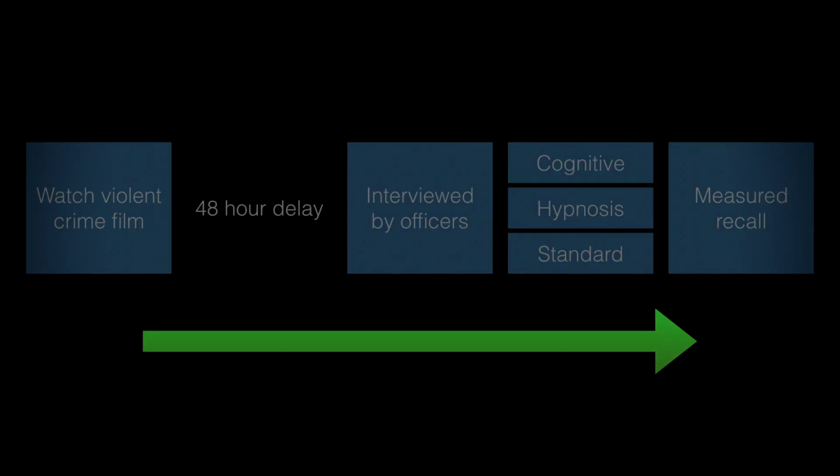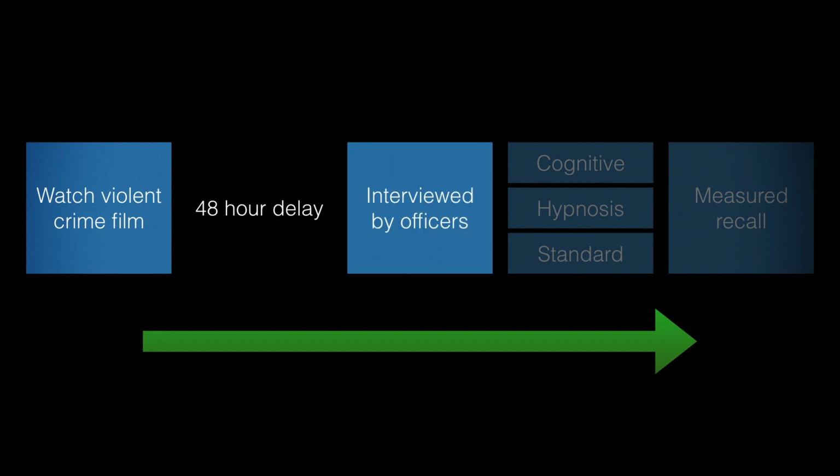In this study, 89 undergraduate student participants watched a violent crime film that was used to train officers from the Los Angeles Police Department. 48 hours later, they were interviewed face-to-face by law enforcement officers recruited from agencies in the United States. These officers used one of three interview techniques: a cognitive interview, hypnosis, or a standard interview.